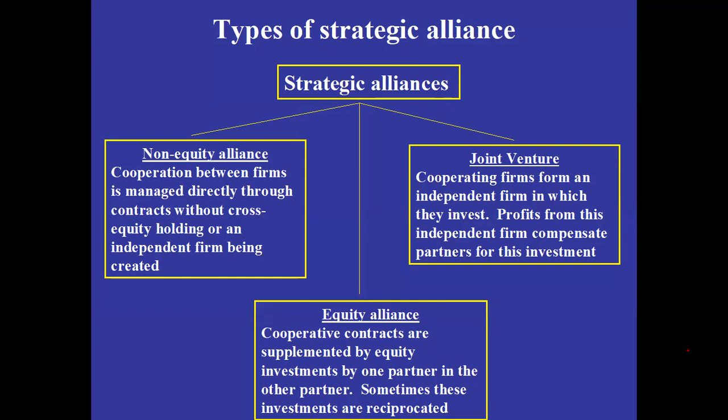So this is another or separate entity. And lastly is your equity alliance. Your equity alliance is the cooperative contracts that are supplemented by equity investment by one partner in other partner. Okay? Sometimes this is your investment where you are reciprocated, or these investments are reciprocated.